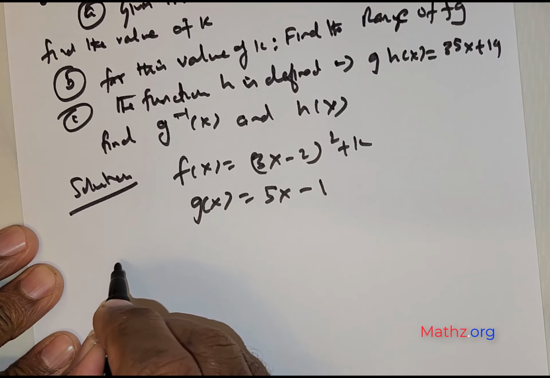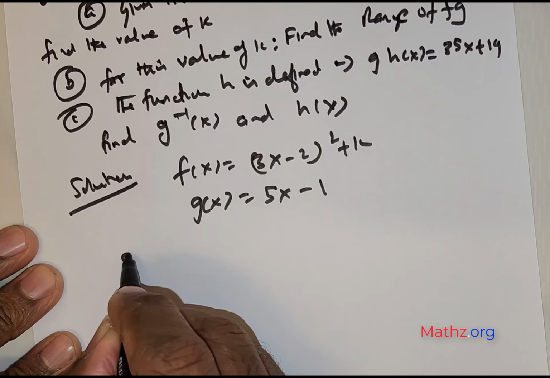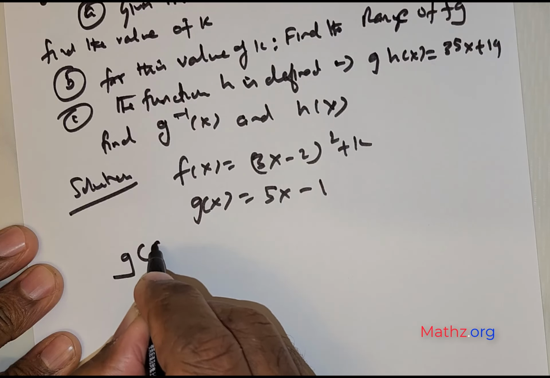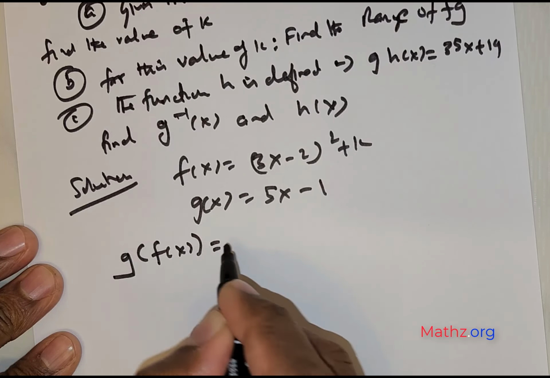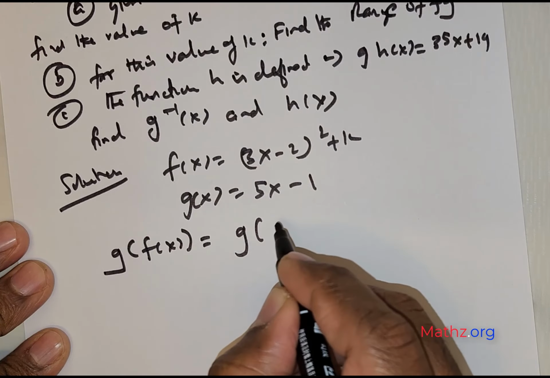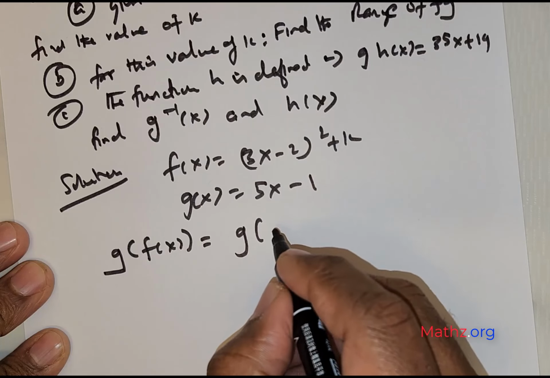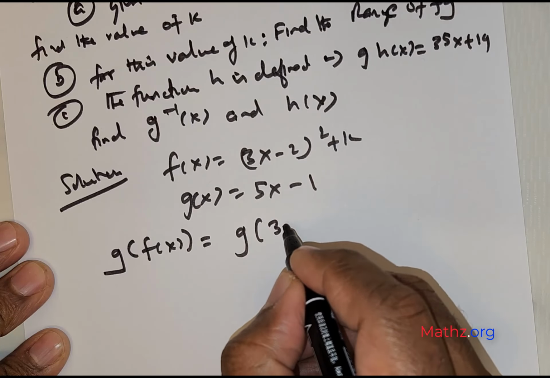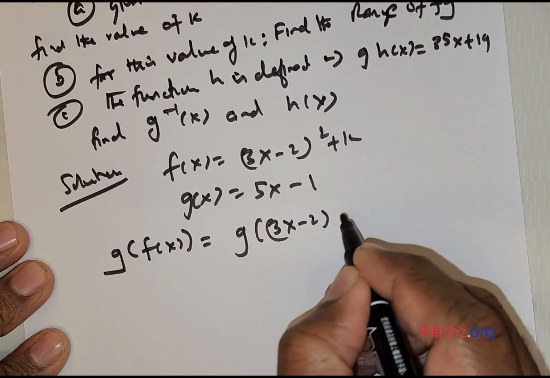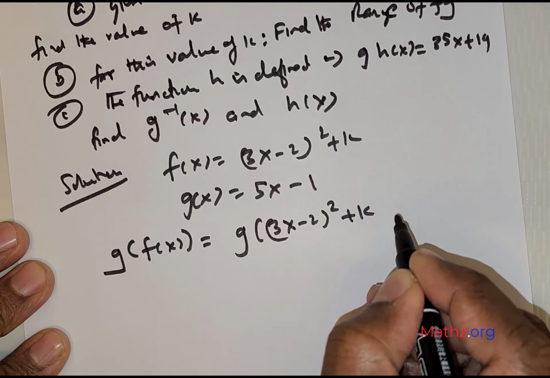So foremost, what I wish to do is find g of f of x. This is g of f of x, this entire quantity, so it's going to be 3(x - 2) raised to the power of 2 plus k.